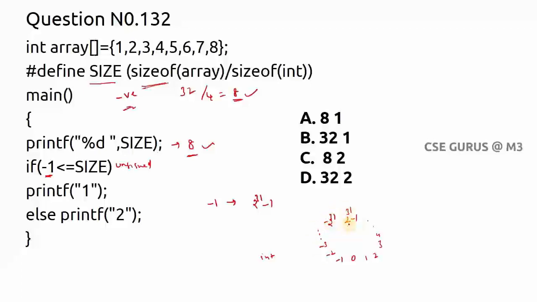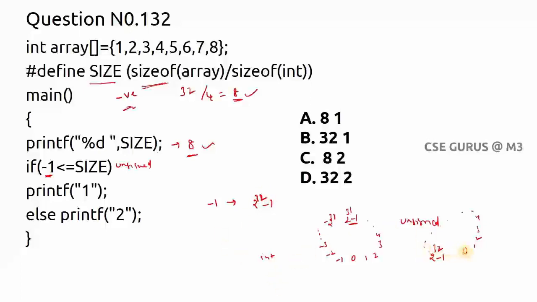Still if you decrement, the value will be plus 2 power 31 minus 1. Like this the compiler takes. And for unsigned integer, how will it consider? It takes only positive values, 0, 1, 2, 3, 4, like this, up to 2 power 32 minus 1. Like this it will consider.